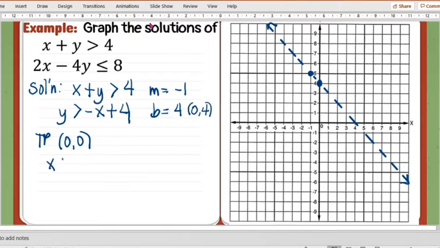Now, for the testing point, which is (0, 0). I take x plus y greater than 4 and substitute 0 greater than 4. The answer is false.